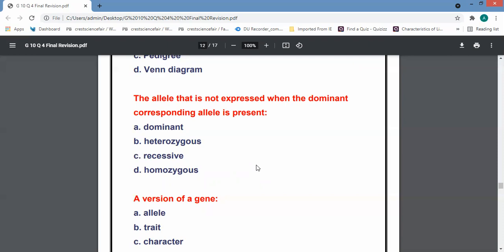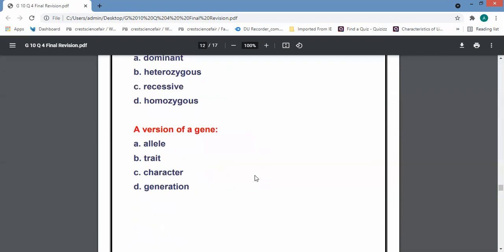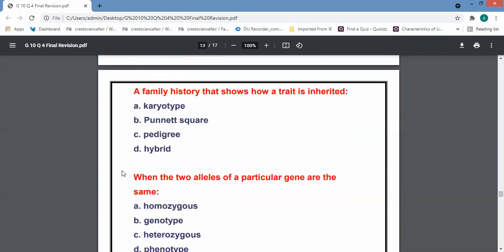Recessive. A version of a gene. Allele, right? Excellent. A family history that shows how a trait is inherited. Pedigree, excellent.